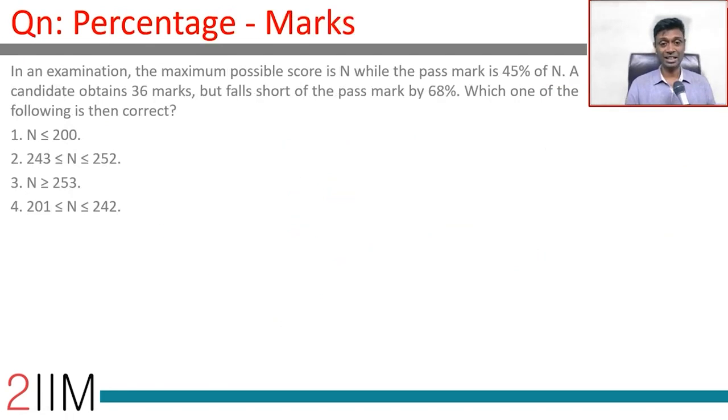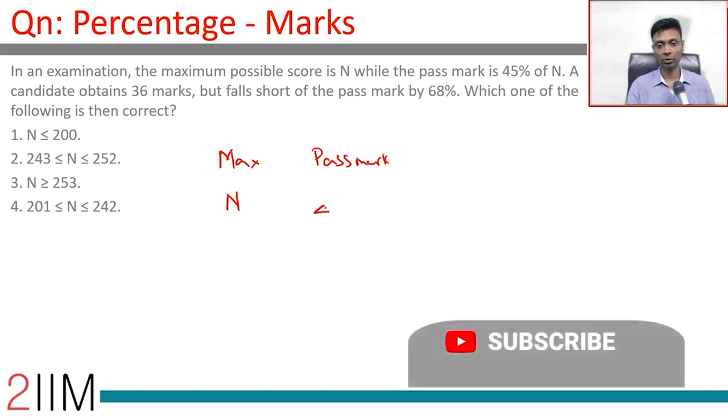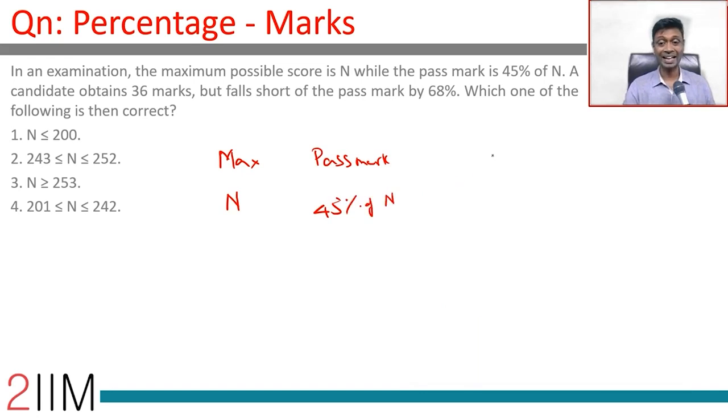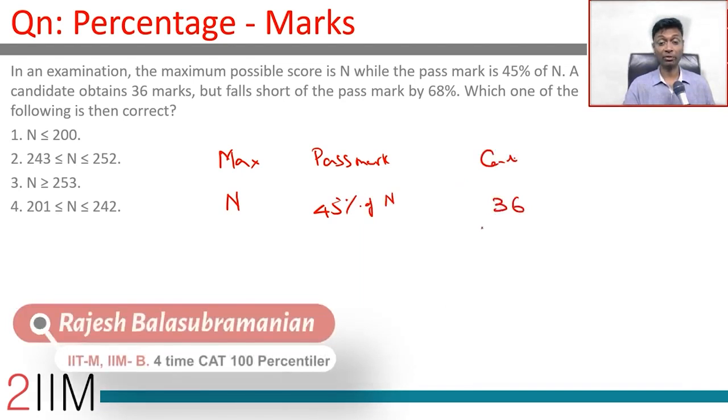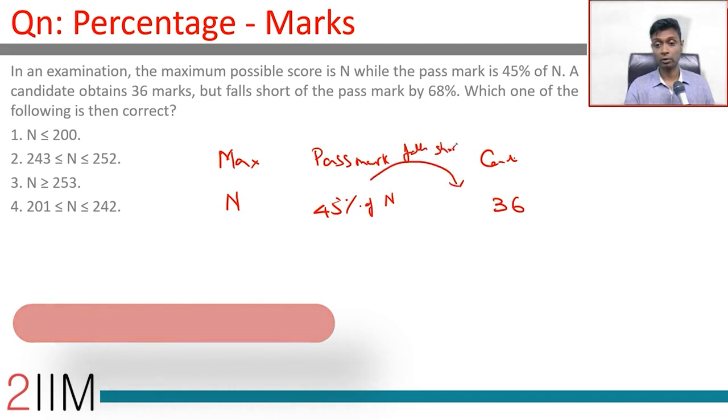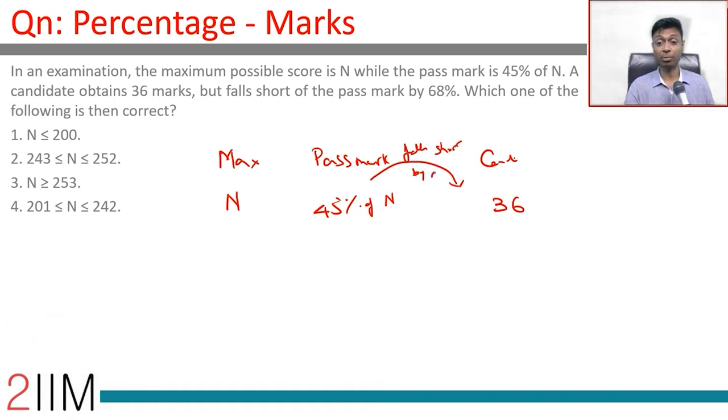In an examination, the maximum possible score is N. So max is N. The pass mark is 45% of N. A candidate obtains 36 marks but falls short of the pass mark by 68%, sorry, not 65%, falls short by 68%.